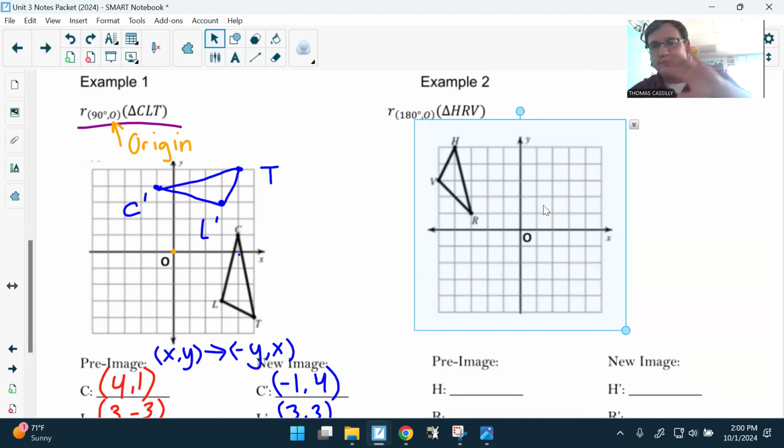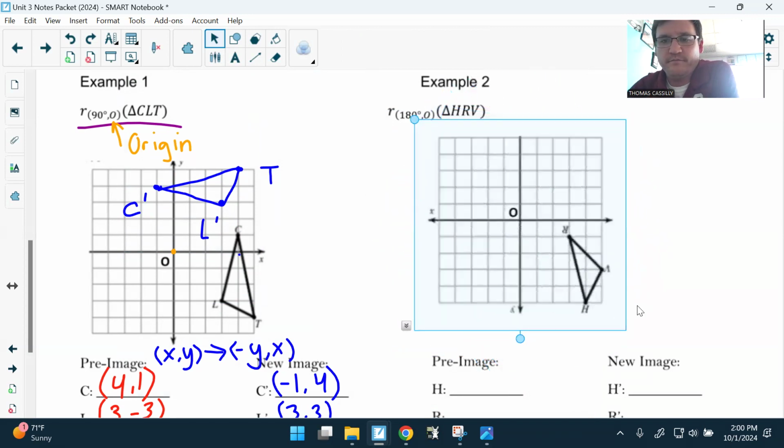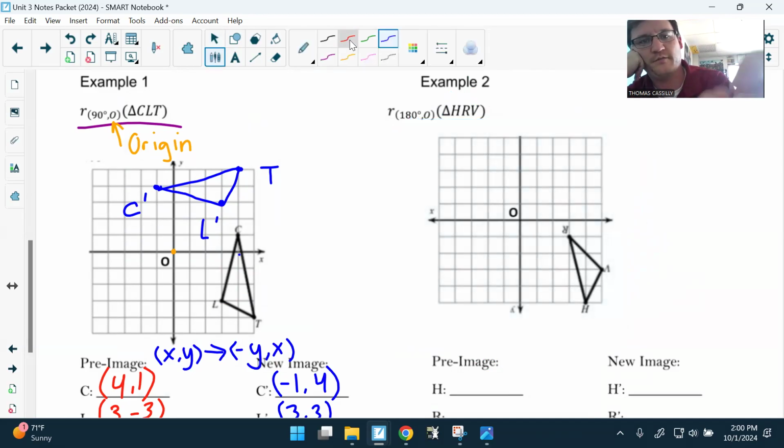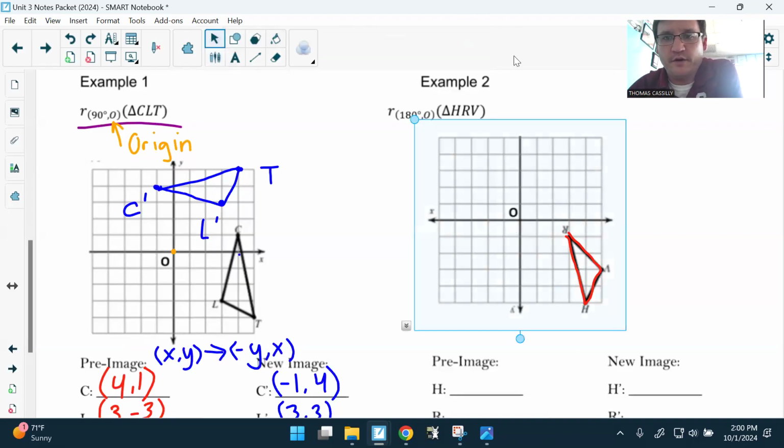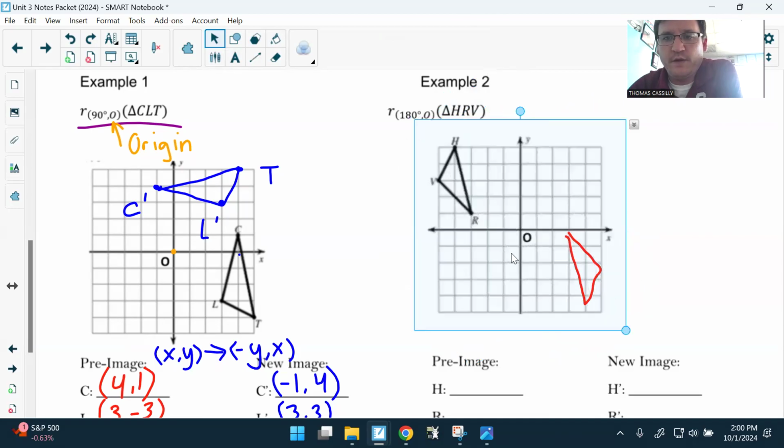Here's what I'm going to do. I'm going to physically spin my piece of paper, just like that. Now just think about where those ordered pairs are. Think of this triangle right here: where would those be on the graph before we actually spun the whole thing around? If you want to, just spin it back. I'm going to do that and maybe write down where those points are.